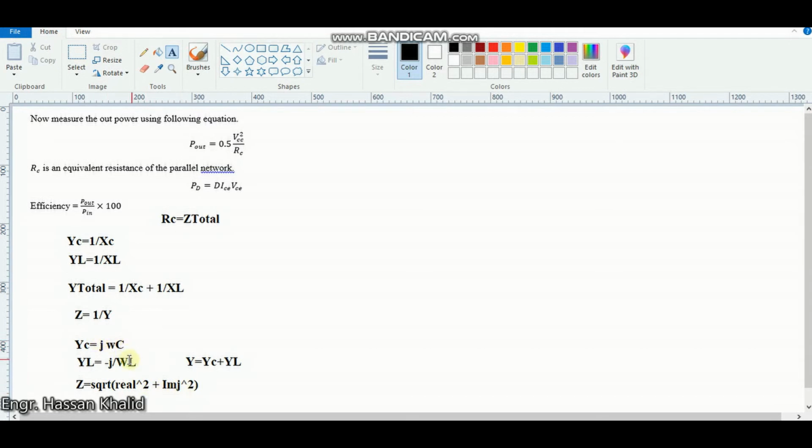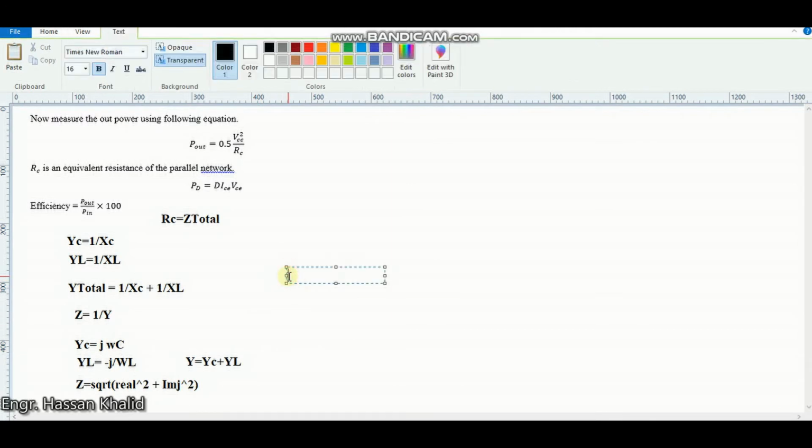Since only the imaginary component is present here, you can easily place the values: it will be equal to omega C minus 1 over omega L, whole square, and it will give you the total impedance. If you place the values of the capacitor and the inductor in it, you will get Z equal to 104 ohms.